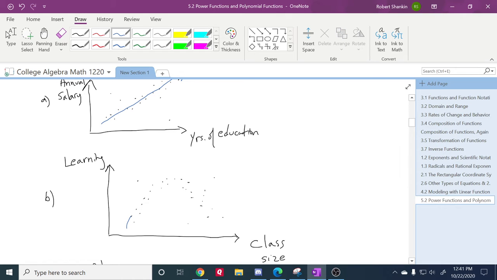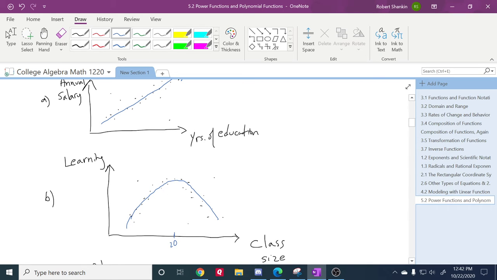Now there are some exceptions, an exceptional teacher over here. So it turns out that in this situation there may be an optimal class size. Maybe it's around 20 students or so.